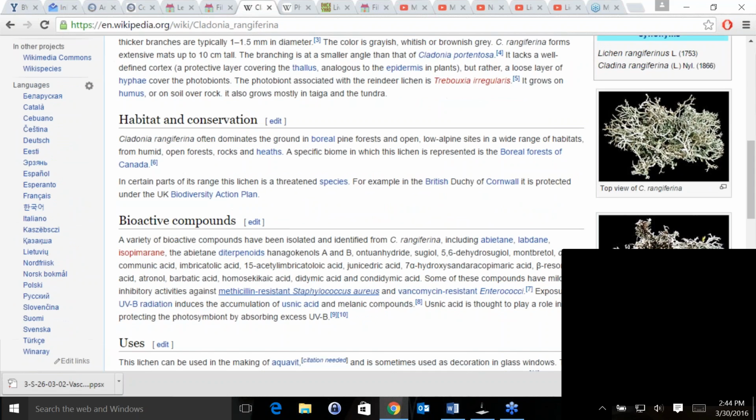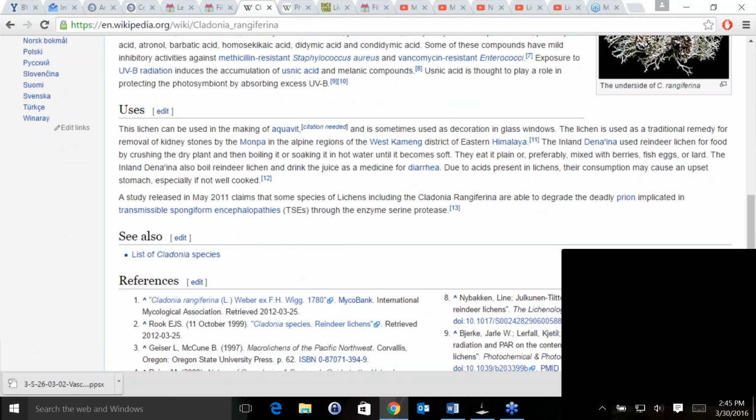Let's see the uses. So they eat it. The inland Dena'ina use reindeer lichen for food.